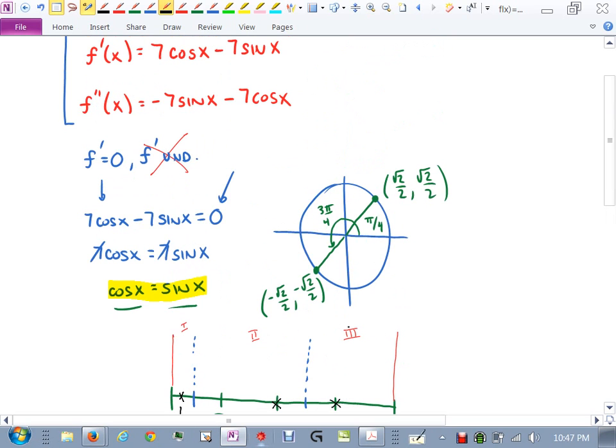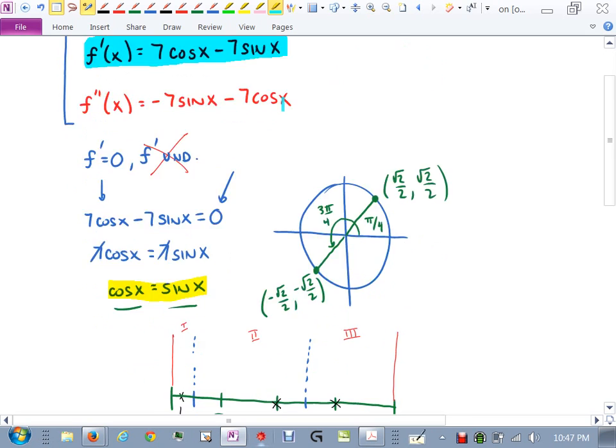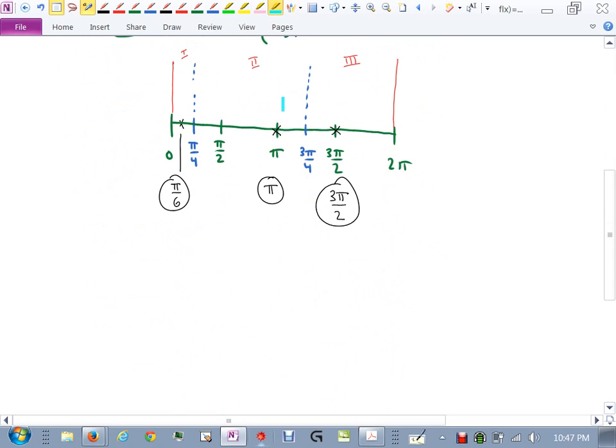Now the derivative, remember, was up here. Where was our derivative? Right up here. Notice I'm not plugging it back into the function, I'm plugging into the derivative. So I want to know, first of all, what is f prime of pi over 6?